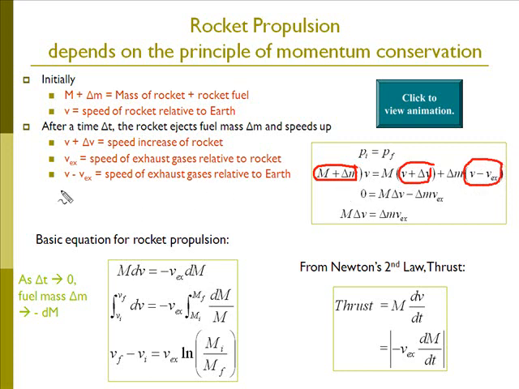If we now multiply these out, we see that mass of rocket times speed plus mass of fuel times speed equals mass of rocket times speed plus mass of rocket times increase in speed plus mass of rocket fuel times speed of rocket relative to the Earth minus mass of fuel times the speed of the fuel relative to the rocket.